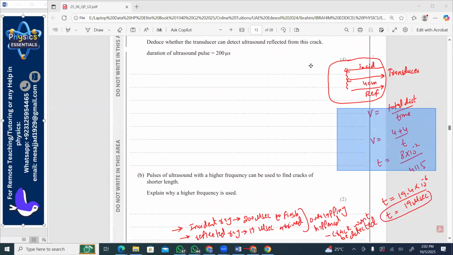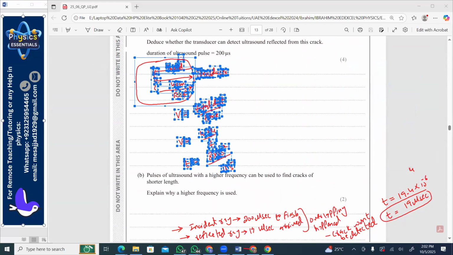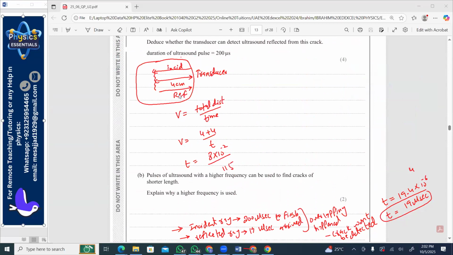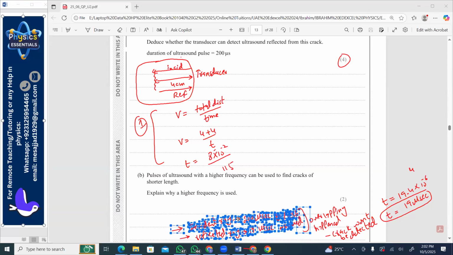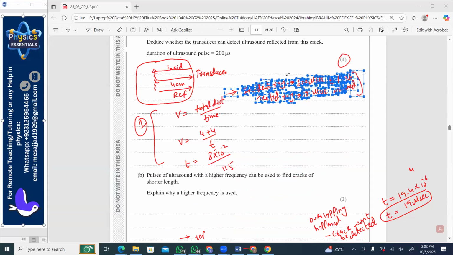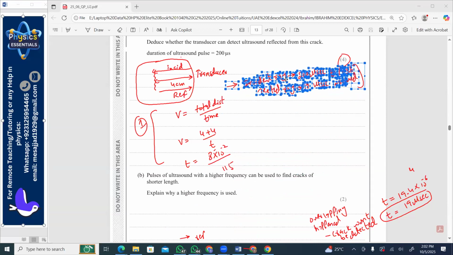First of all, you write all this in here, okay? That is the required explanation. It will be considered as one of the points, like there are 4 points.